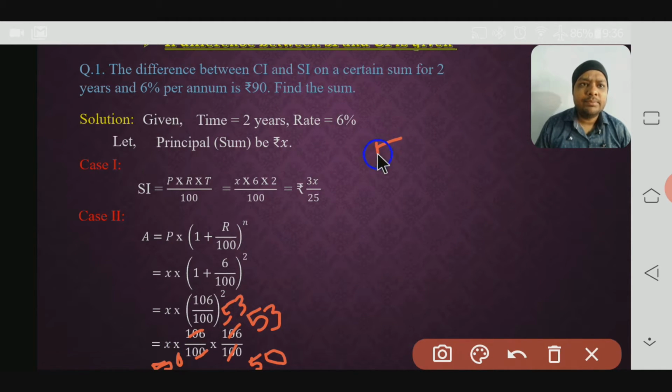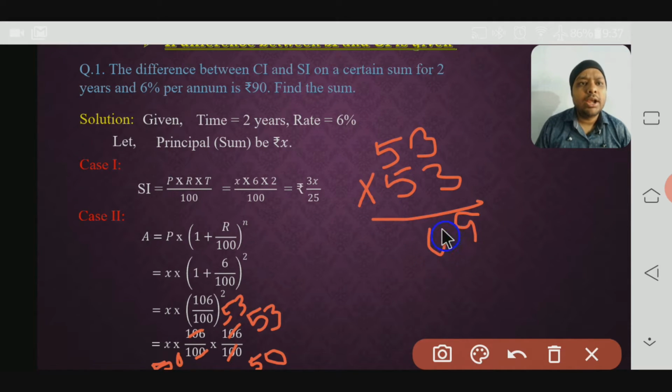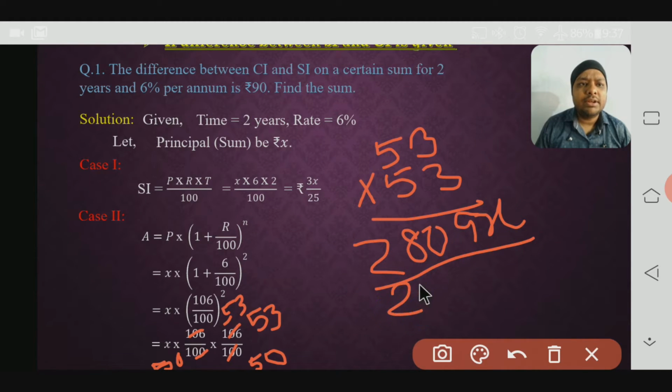Let's multiply. 53 into 53: 3 threes are 9, 5 threes are 15, 15, 30, 0 carry 3, 5 fives are 25 and 3 is 28. So 2809 with x we will write, and 50 into 50 will be 2500. That will be the amount.